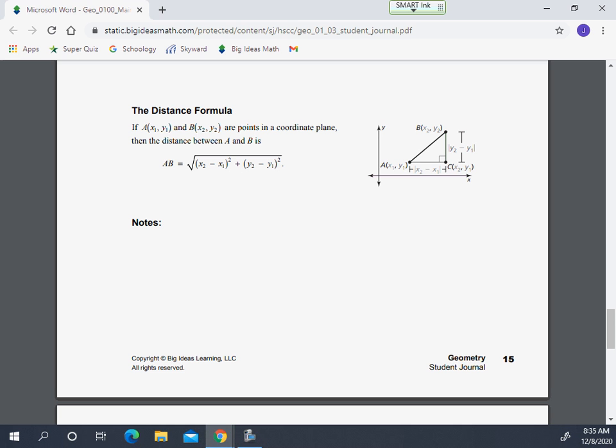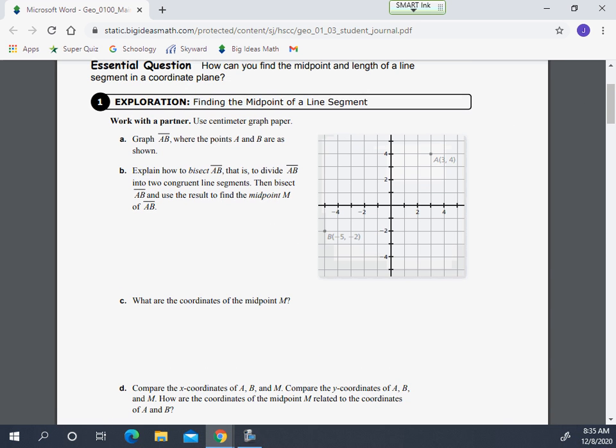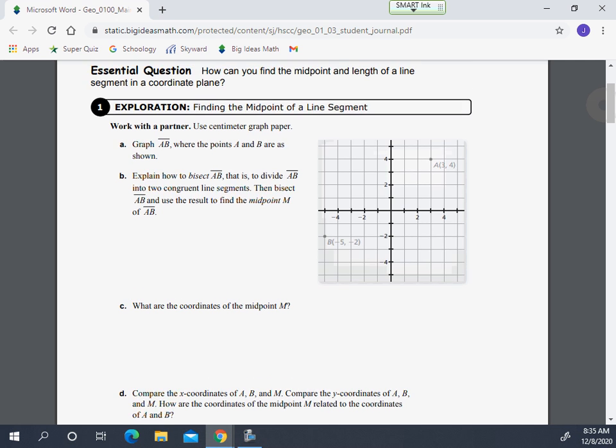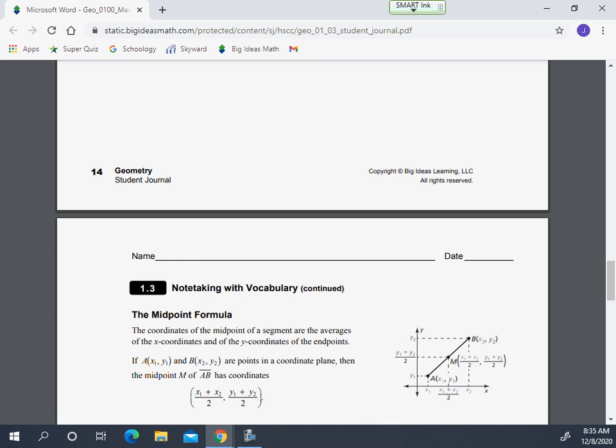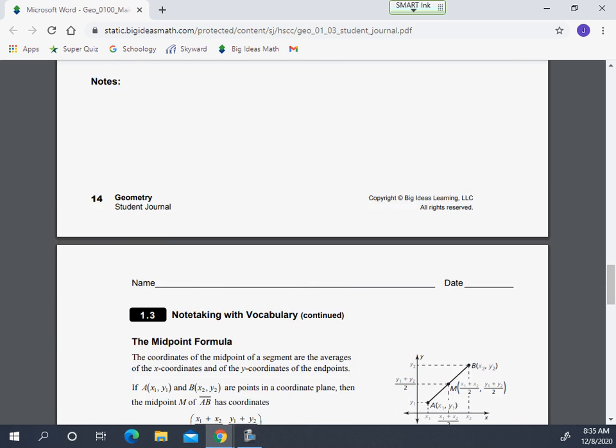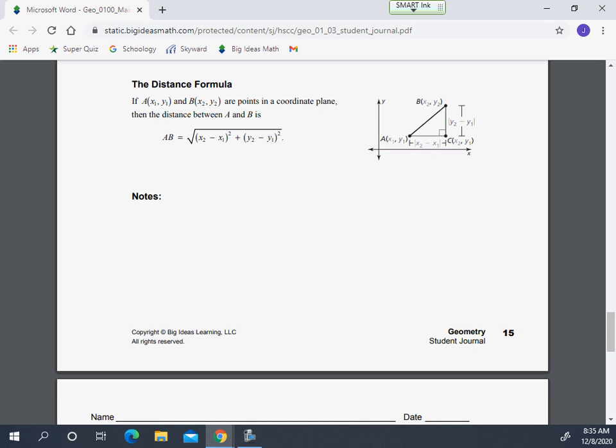So I actually like to do this with my points A and B. So I'm going to scroll up here. 3, 4, and negative 5, negative 2. So A was at 3, 4. That's what A was at. And B was at negative 5, negative 2.